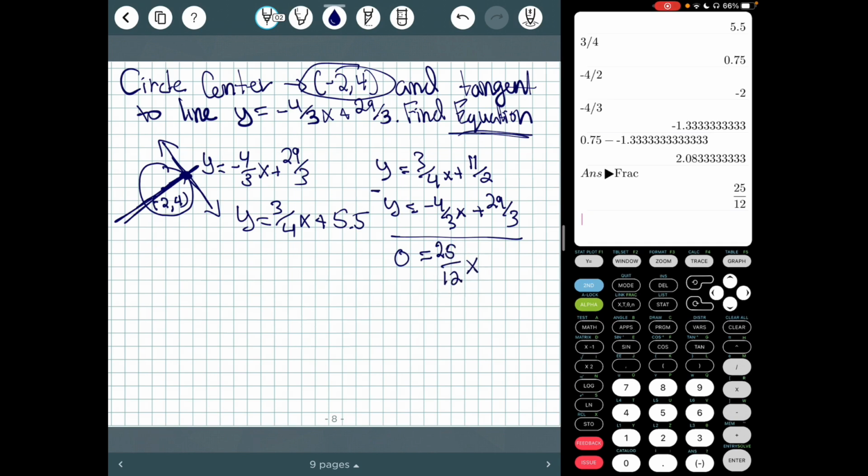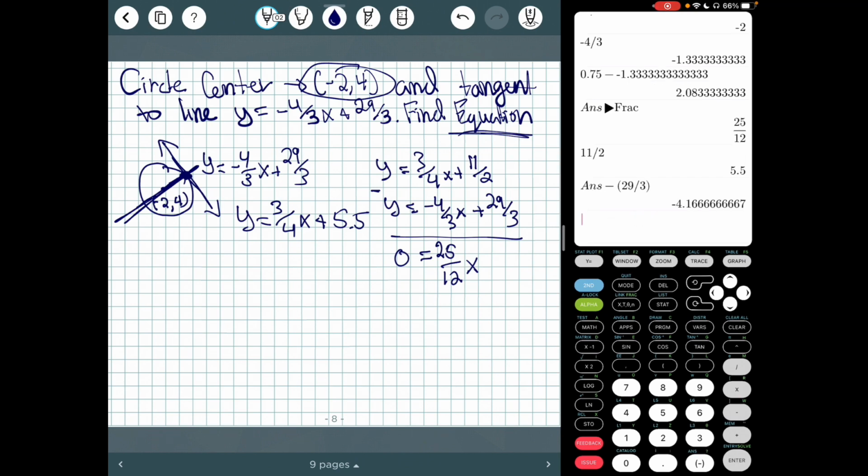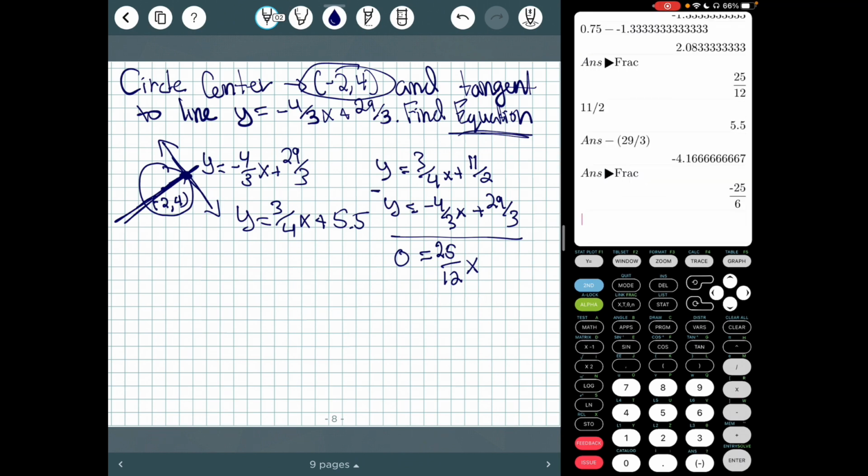Now let's subtract the last two numbers. So 11 over 2 minus 29 over 3. Let's simplify that, and we have negative 25 over 6. Okay, so now let's add 25 over 6 to the other side. So we have 25 over 6 equals 25 over 12 x.